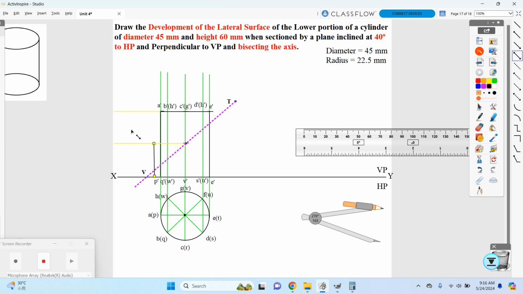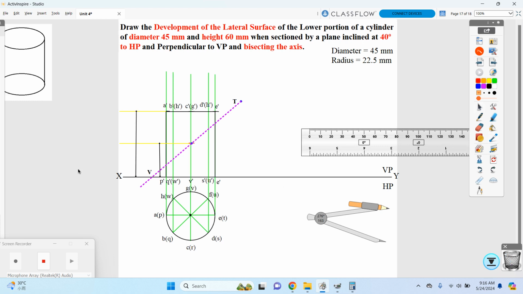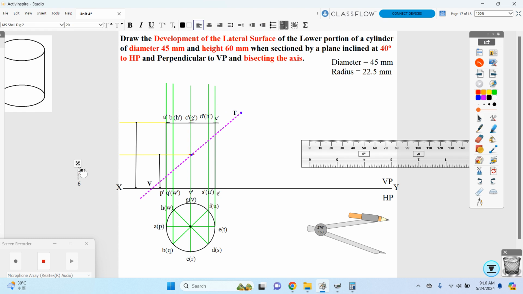What is the dimension? Then from the top to this, what is the dimension? So now we are going to mark the dimension as 60 mm over here, that is the entire length. Then 30 mm for our bisecting condition.